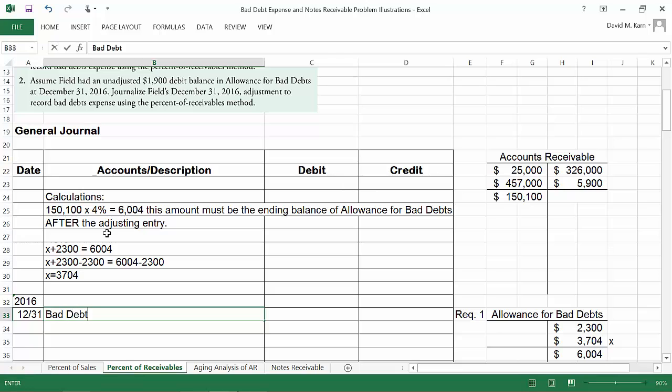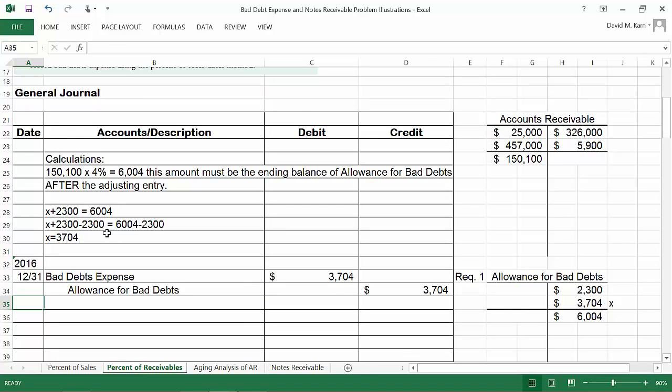We'll debit bad debt expense for $3,704, and we will credit our allowance for bad debt $3,704. So that takes care of requirement number 1.